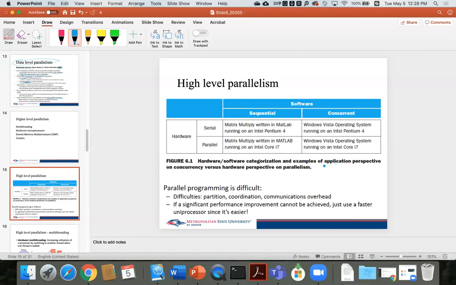The top level could be the application perspective. How do the hardware people think about application level parallelism, and how do the software people think about it? You might hear two terms.